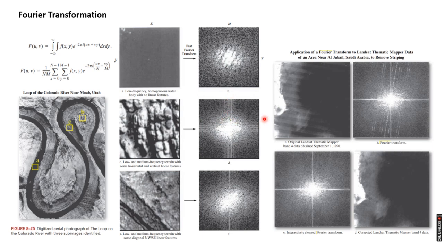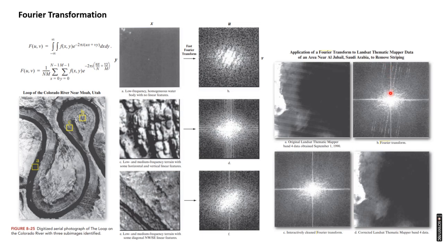And you can see these strips going from northwest to southeast, but here it got converted like this. So the image axis got flipped. Earlier it was like this, and when you plot the Fourier transformation of that image, it got flipped in the other direction.